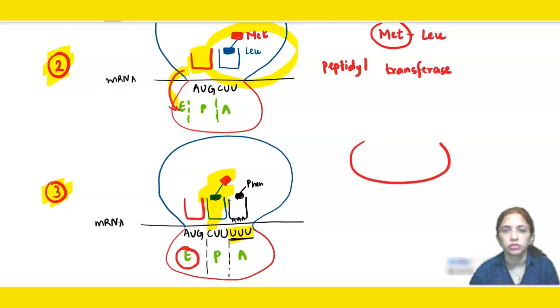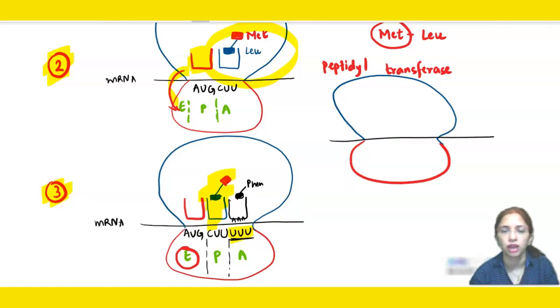So this is our larger subunit and this is the smaller subunit, and we have messenger RNA in between. The polarity of the messenger RNA will be from 5' to 3', and we have drawn AUG as the starting one, then our CUU, UUU.